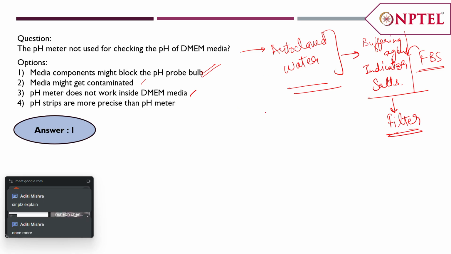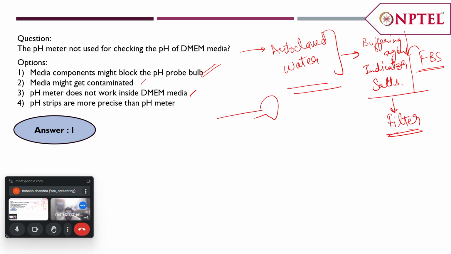You know the basics of the pH meter, right? So it has a bulb, and here is a meter that basically measures the hydrogen ion concentration inside the particular solution that we have. So this is a bulb kind of structure, and here we have a glass electrode.